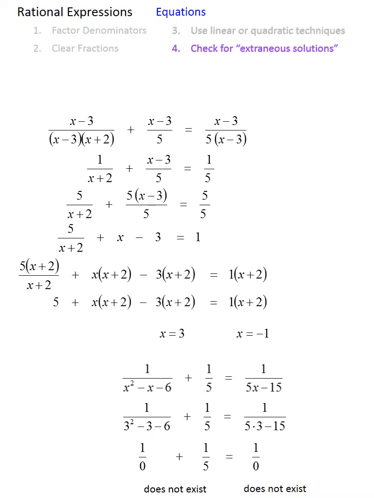So here's a thought that mathematicians had to make a decision on centuries ago. If there's a number like 3 in this case, and we plug it into both sides of an equation, and both of them don't exist, are the 2 sides equal? If 2 things don't exist, are they the same thing?